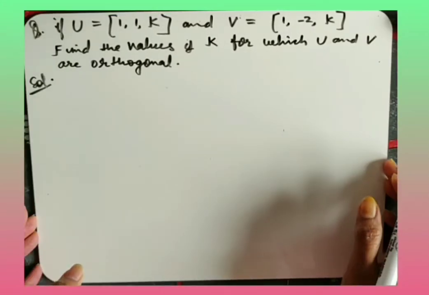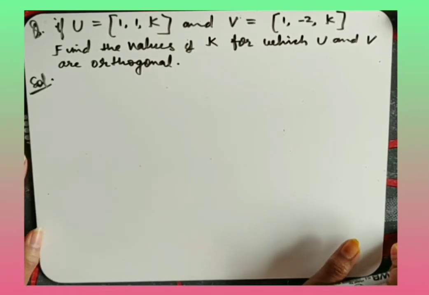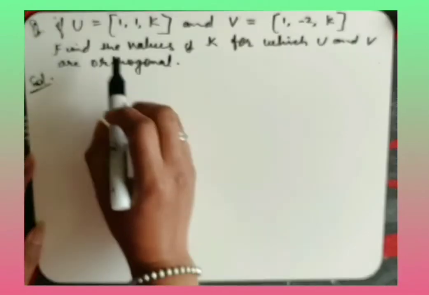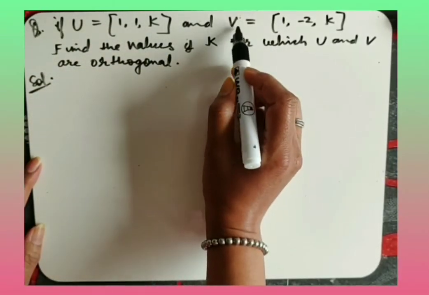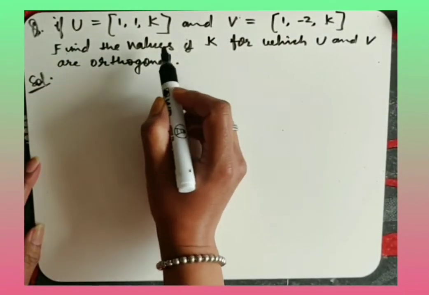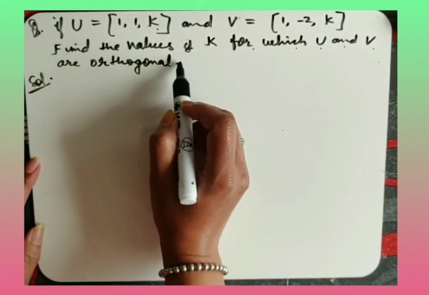Here is the question based on u dot v equal to 0, the property of the dot product. If u equals (1, 1, k) and the vector v equals (1, -2, k), find the values of k for which u and v are orthogonal.